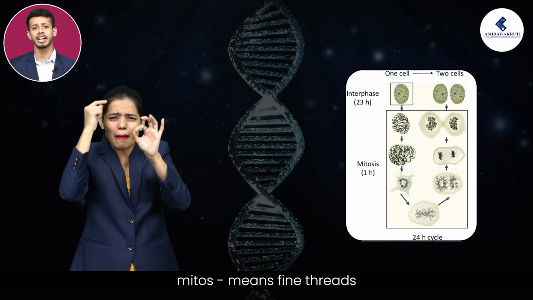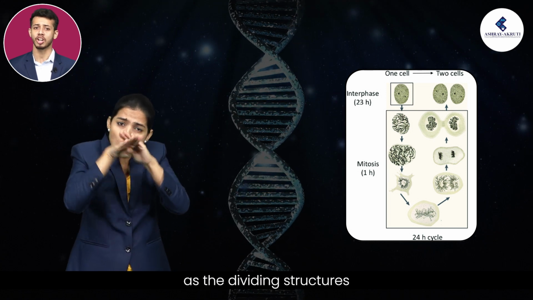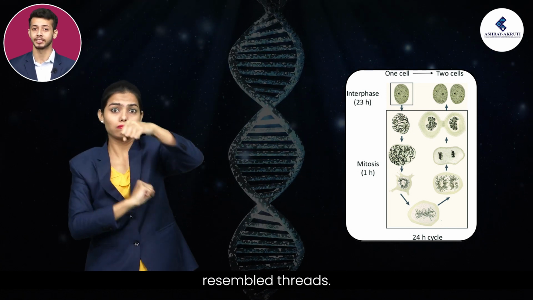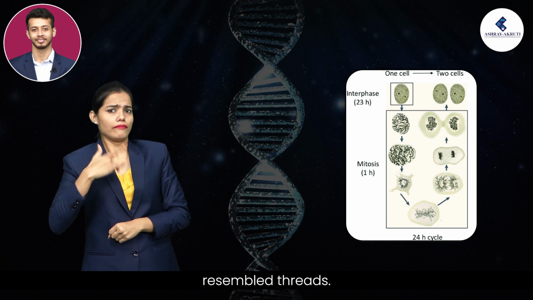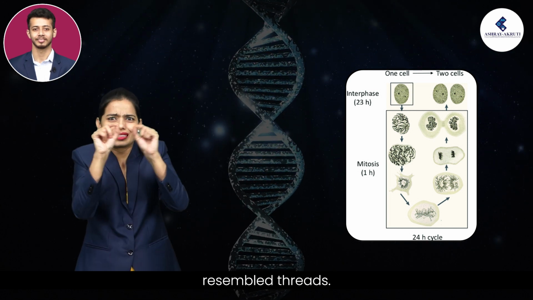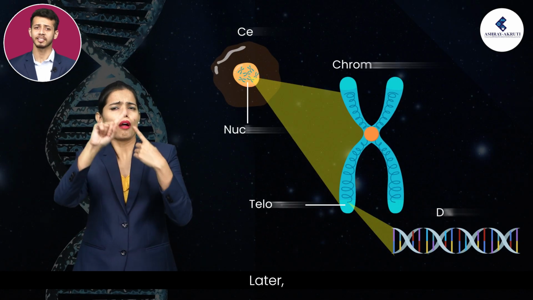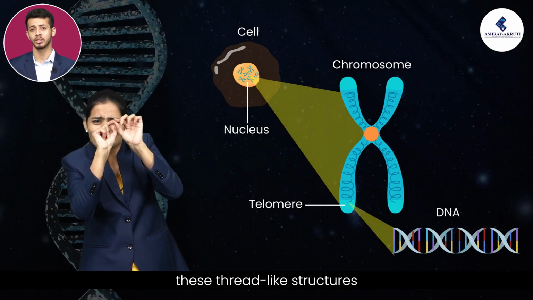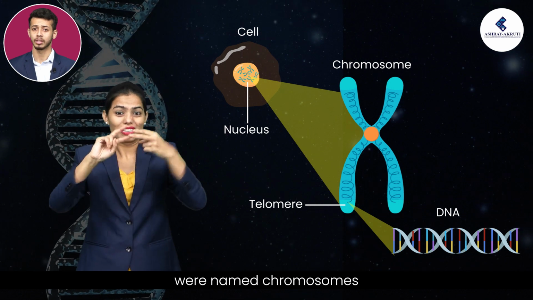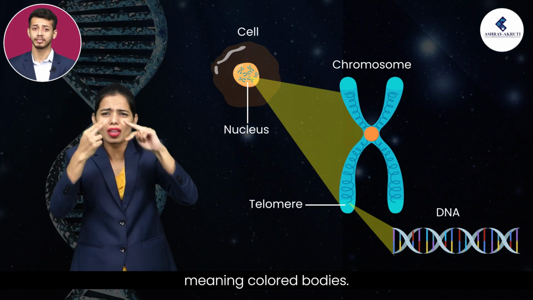Mitos means fine threads, as the dividing structures resembled threads. Later, these thread-like structures were named chromosomes, meaning colored bodies.